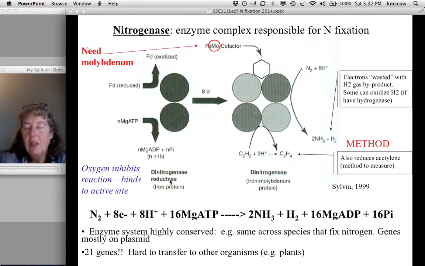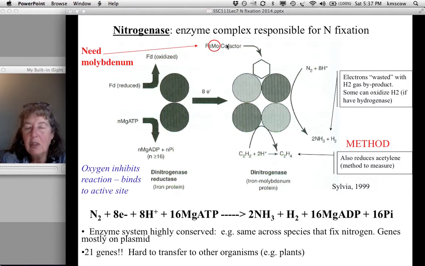There's a nitrogenase reductase and a dinitrogenase gene that are dependent on iron, and in this case also molybdenum, although there is some variation among these complexes that we've found more recently with other cofactors involved in these enzymes. But molybdenum is often needed, particularly for rhizobium, as an essential nutrient.